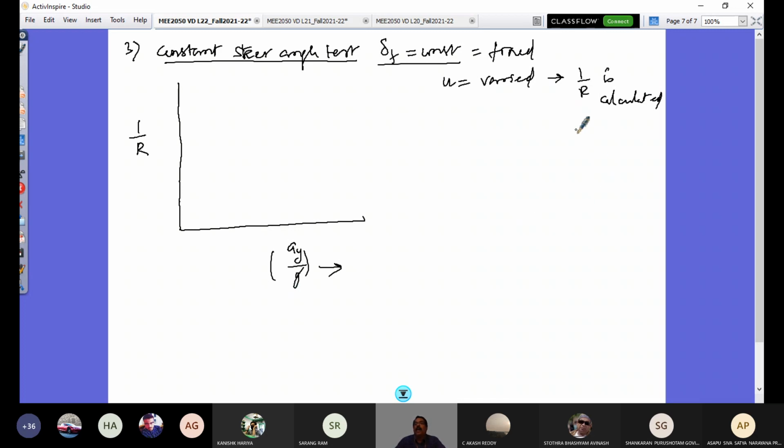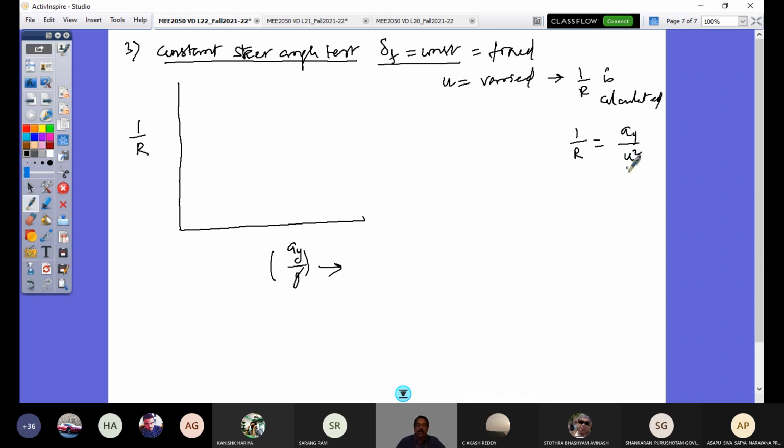And you now know 1 by R is nothing but AY by U square, because AY is U squared by R. So if I measure AY and divide by U square, I get the curvature. Right?